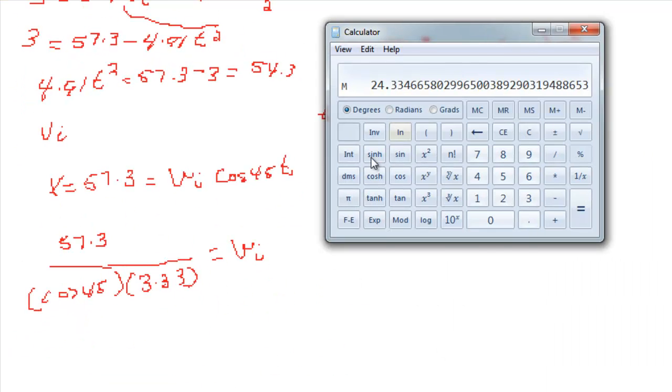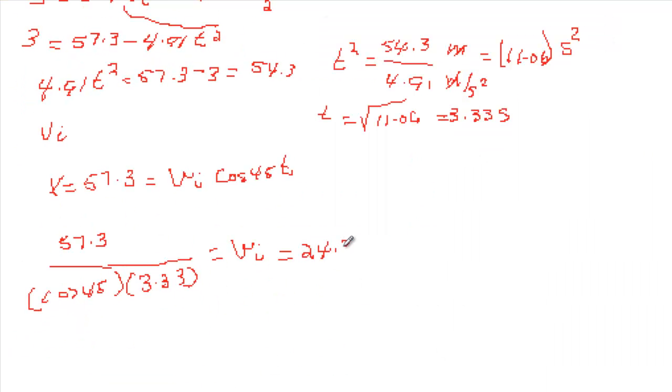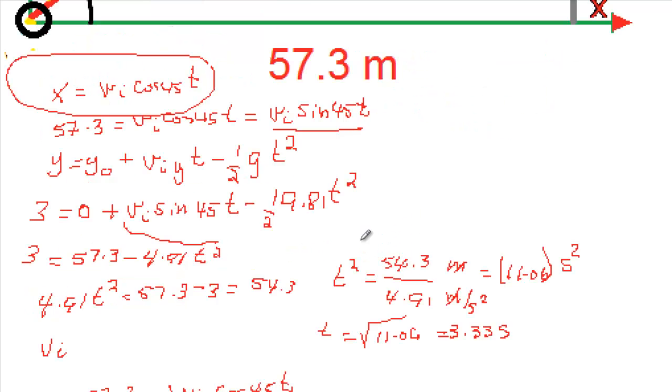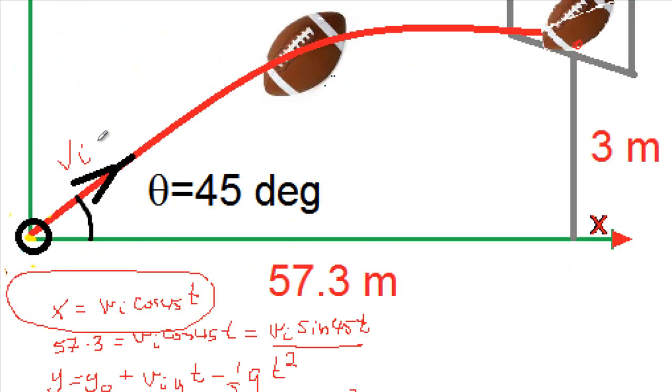Initial velocity is 24.35, and that's meters per second. So the initial velocity here at 45 degrees is 24.35 meters per second.